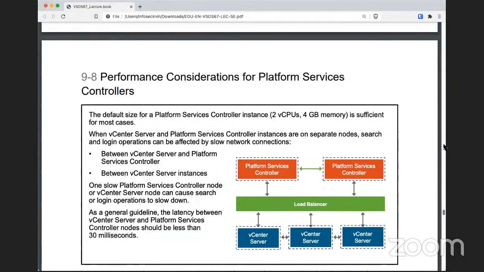Ideally, you want the latency between your platform service controller and your vCenter servers to be less than 30 milliseconds, because a lot of this happens quickly, and a lot of this is automated, as you have seen in the various chapters that we've covered. So high-speed communications is essential.